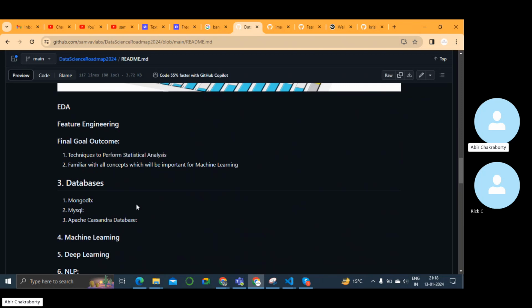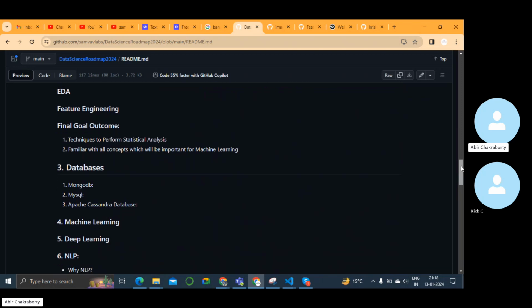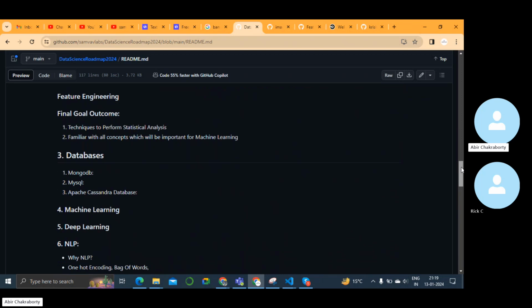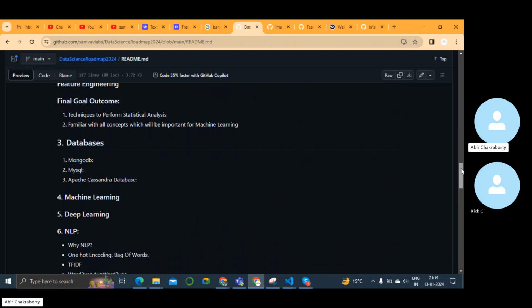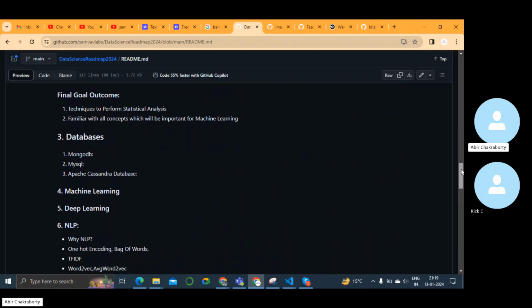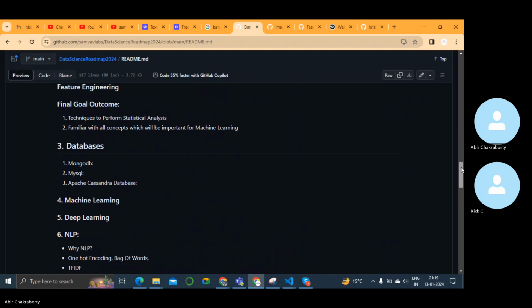But we will be taking the SQL and NoSQL forms of database into our learning, which is very important for the present industry workings and your job, and to apply as a job for your data analysis or the role for data scientist. So we'll be learning some NoSQL like MongoDB, or some SQLs like MySQL, Apache Cassandra database.